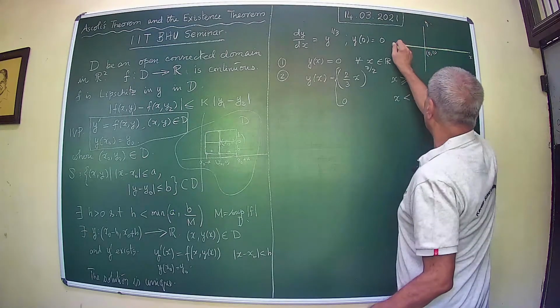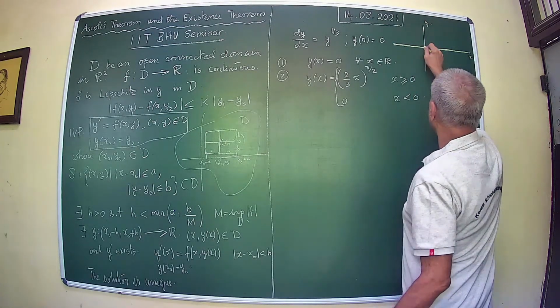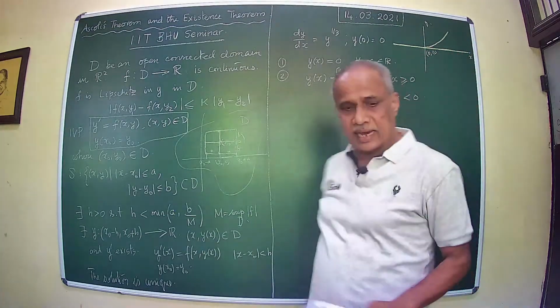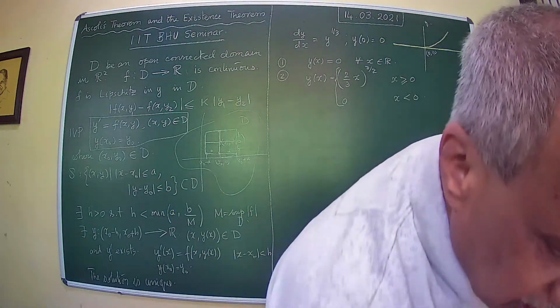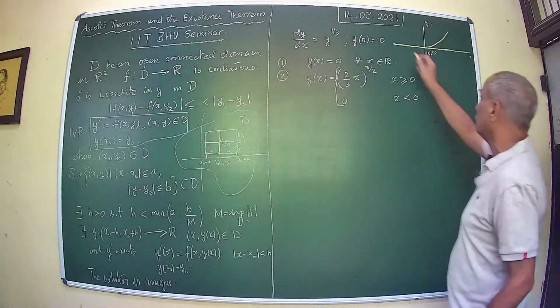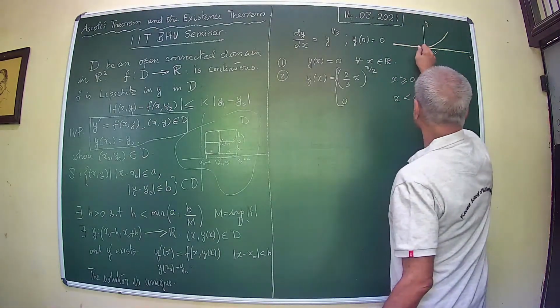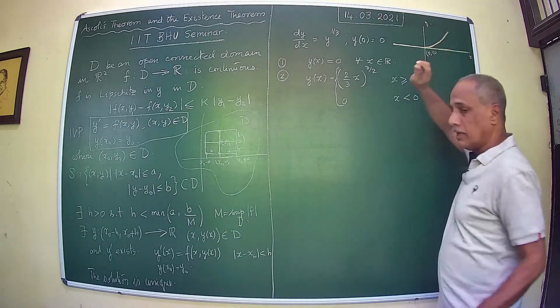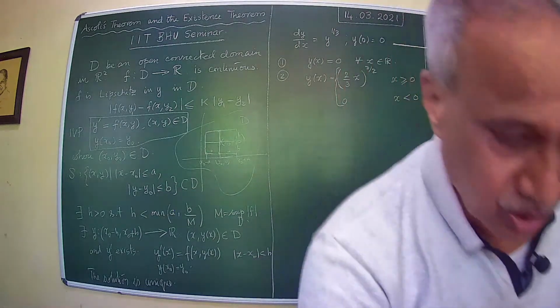Up to 0 it is 0, and from then on it starts taking off. So there are in fact two different solutions, or more than two also, for this equation. It is not unique. So the initial value problem does not have a unique solution.